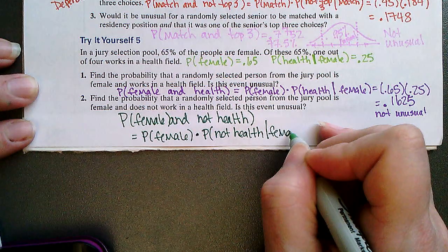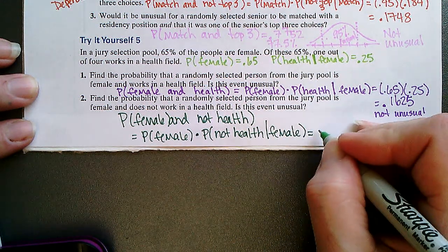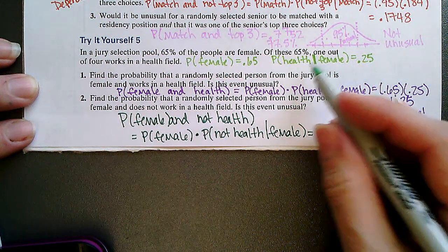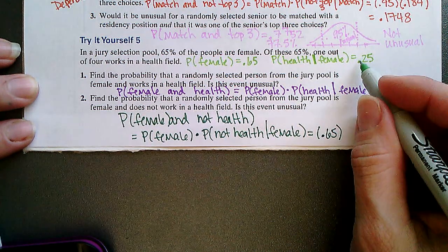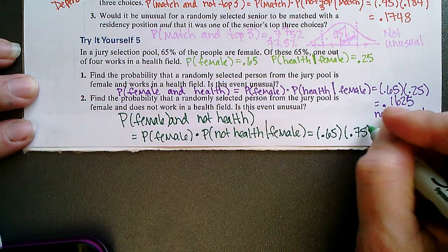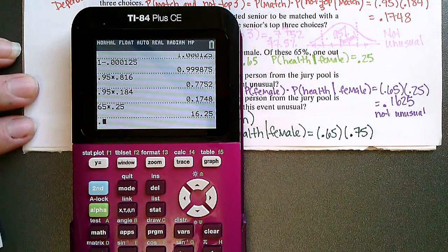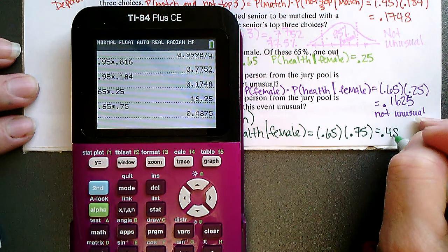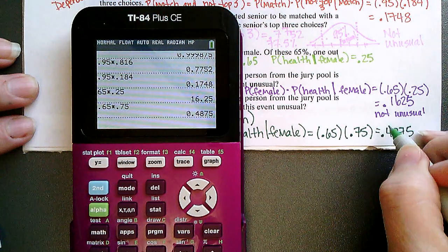So the probability they're female was still 0.65. And then the probability that they wouldn't work in the health field given that they're female would be the rest of them, which would be 75% of them, so 0.75, which is 0.4875, which is also not unusual.